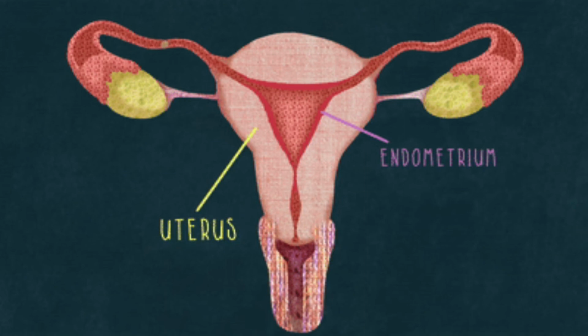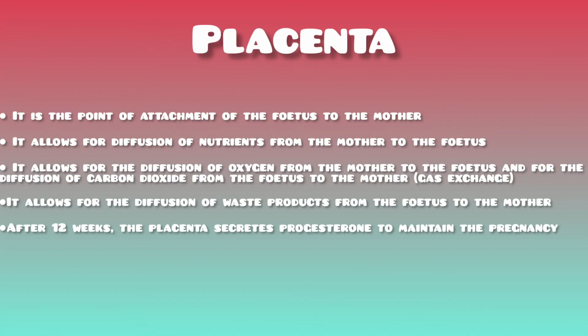It allows for substances to be transported by diffusion between the mother and the fetus without any blood being in direct contact. This means that the mother's and the fetus's blood never actually mix. The placenta has the following functions. It is the point of attachment for the fetus to the mother.